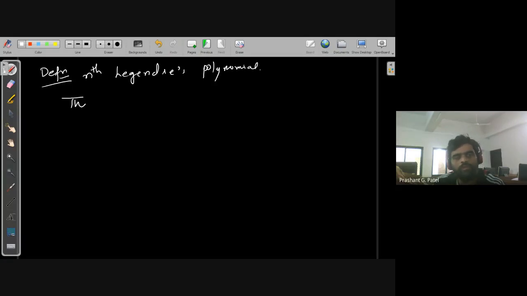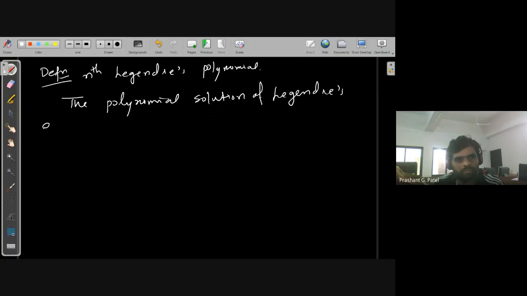The polynomial solution of Legendre's equation is the nth Legendre's polynomial.